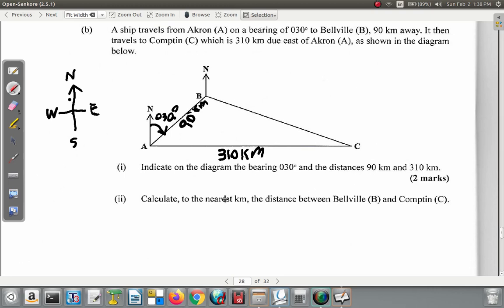Now, calculate to the nearest kilometer the distance between B and C. This distance between B and C, you want BC.